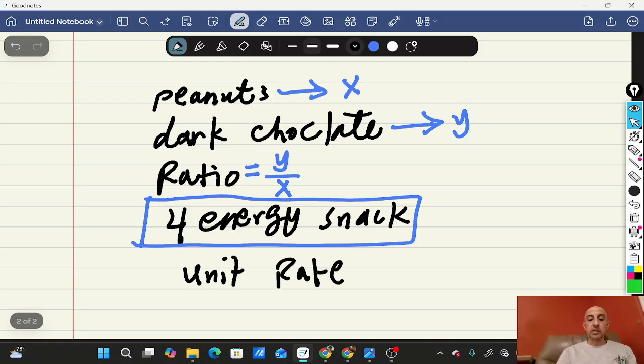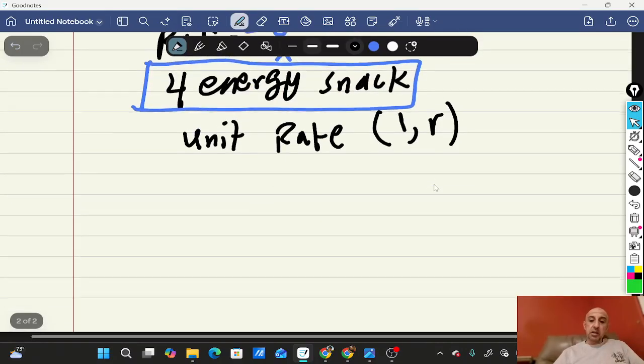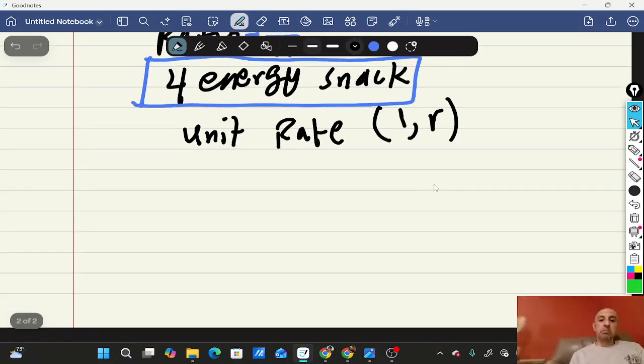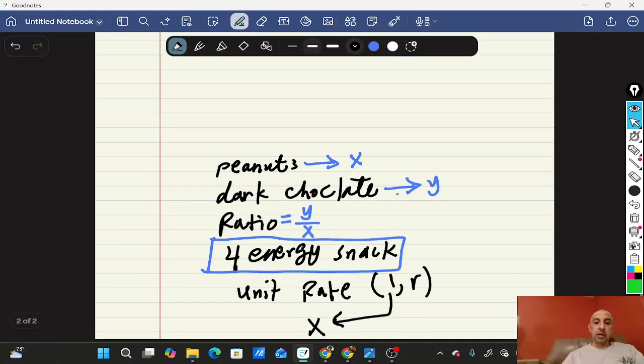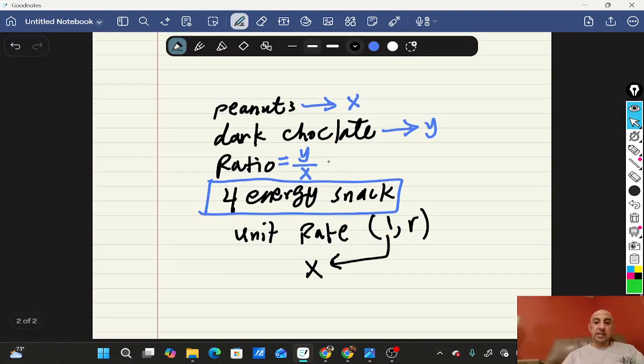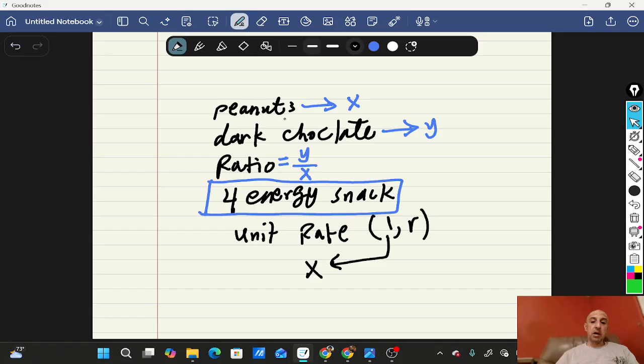The unit rate is by definition (1, r). What is the meaning of this? The 1 is the x. In our example, x is the number of cups of peanuts.